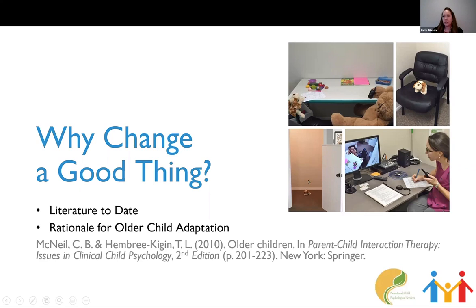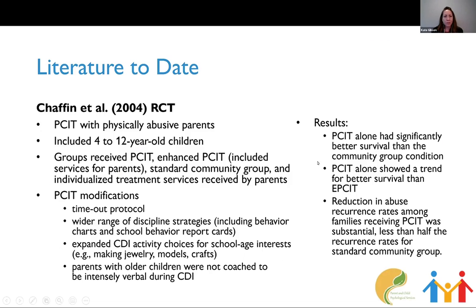In terms of research, not a ton has been done to really systematically and at large scale look at how we would adapt PCIT for children who are just a bit older. Studies have been done that cover children up to about age 12.